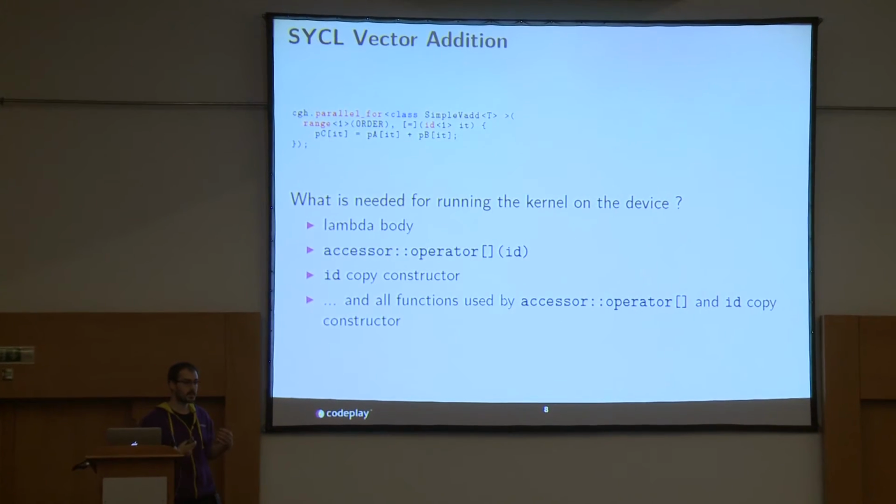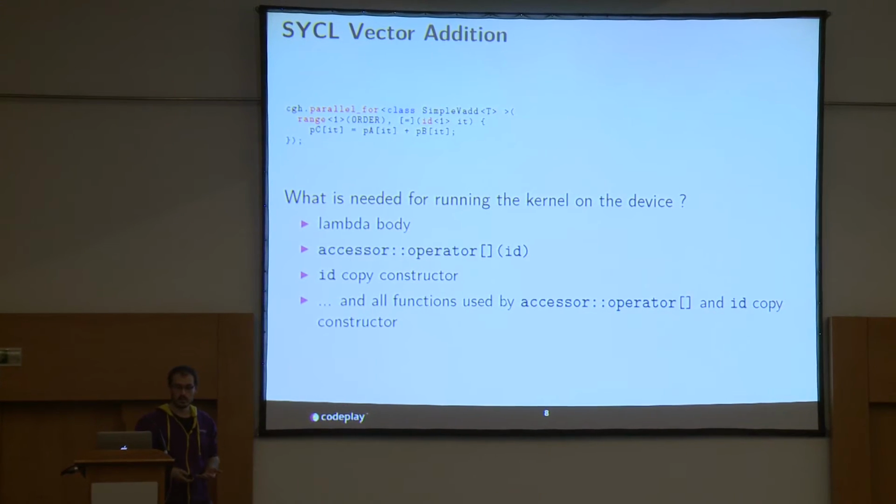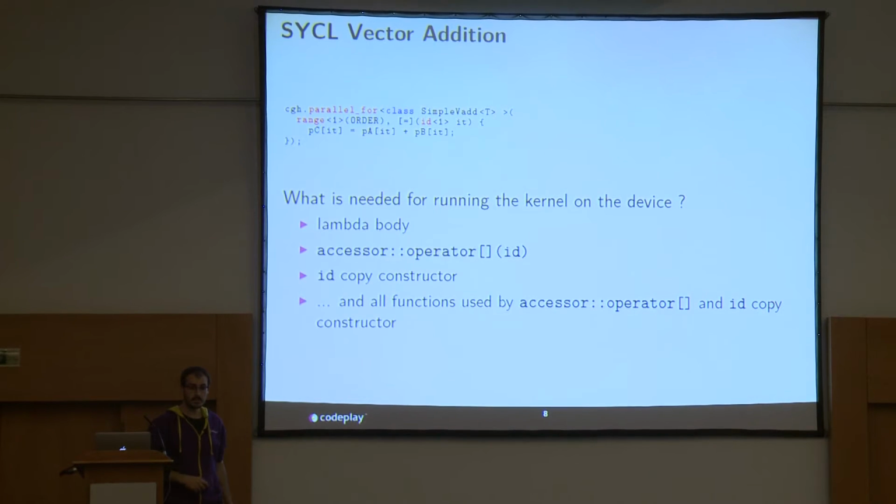I want to extract that and transform it into an OpenCL kernel. What I need is to copy, first, the lambda body to be executable on the device, and then also the bracket operator and the ID copy constructor, because we're passing everything by value, and basically all functions that might be called by the bracket operator and the ID constructor.